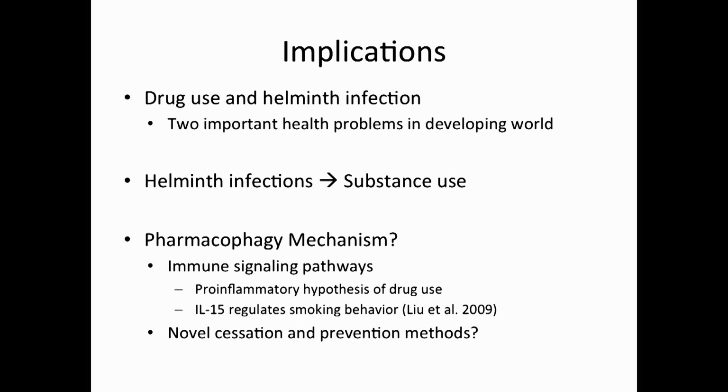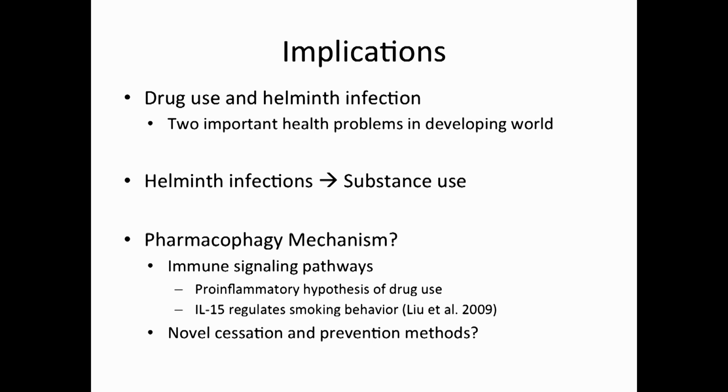Indeed, our results support the hypothesis that drug use is in part a defense against helminth infections. Now, if this is the case, it might suggest that there's some sort of mechanism, maybe what we could call a pharmacophagy mechanism, things like immune signaling pathways.